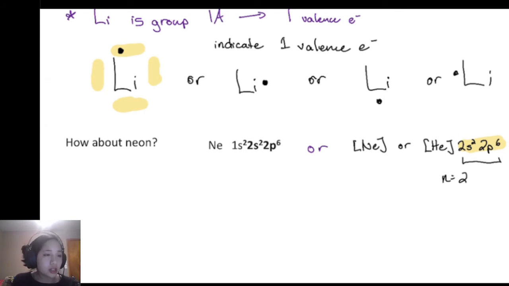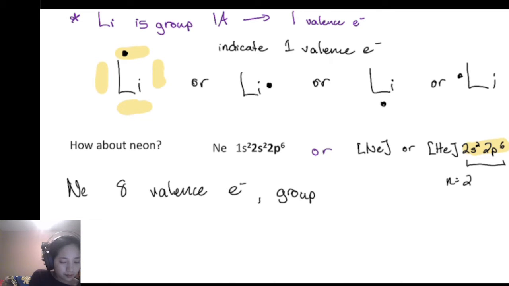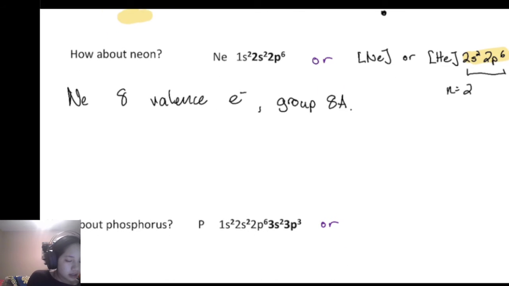Those are the outermost. So neon here has eight valence electrons. You know, it is group 8A. So group 8A, where all electrons in n equals 2.